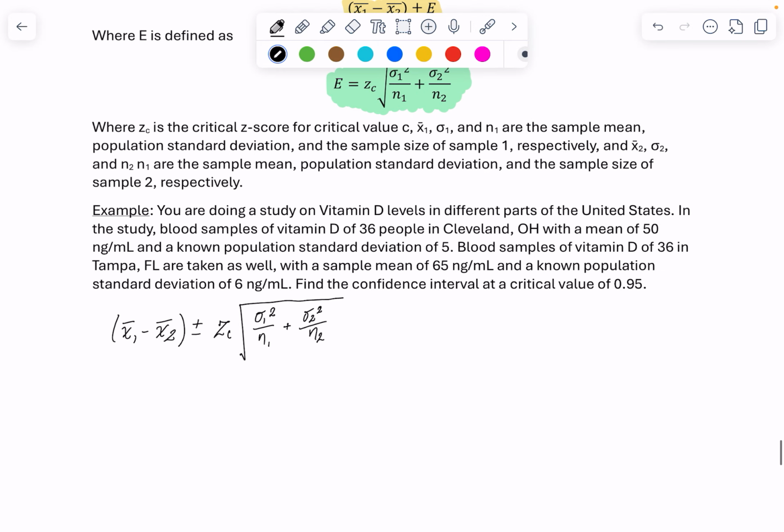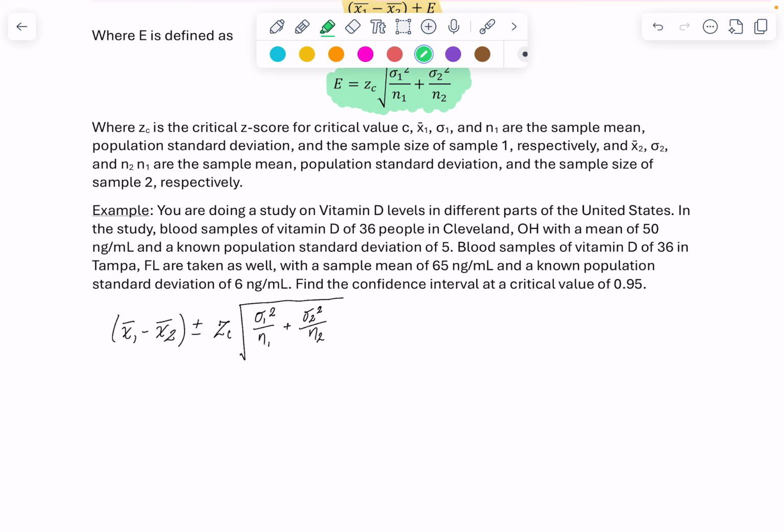Now I like to think ahead here a little bit. Typically, I like to do the first sample as the bigger mean. Between these two, we see a bigger mean in Tampa, Florida. It's just because when we're subtracting a smaller number from a bigger number, we end up with a positive value.